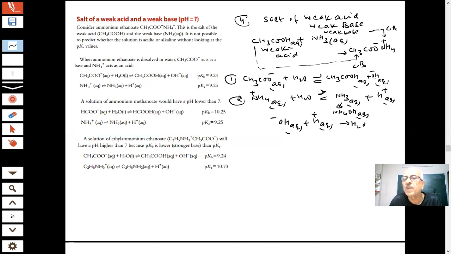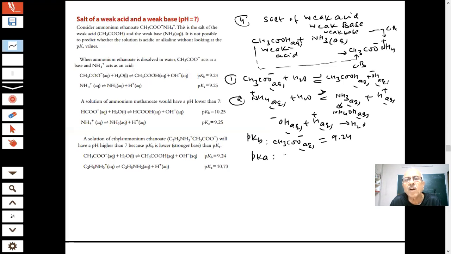And that will depend on the pKa values. This is a base. So I should know the pKb of CH3COO minus aqueous. How much is it? Is a base. So I am writing, sir, pKb. This value is 9.24. And this is an acid. Acid gives a proton. And what is the pKa value from? We already know the values from the literature, from the data.